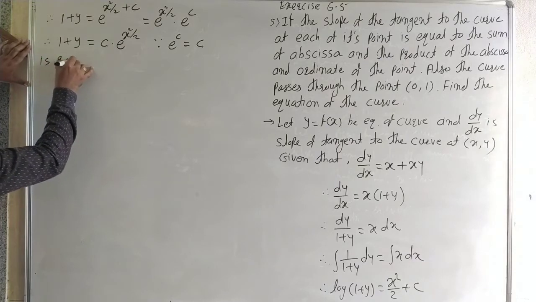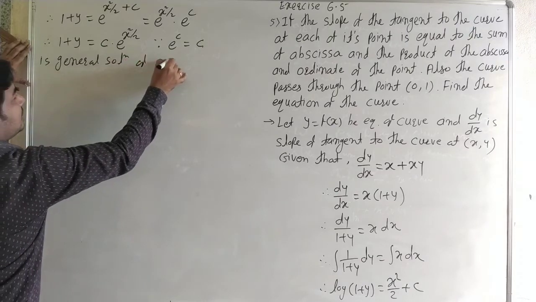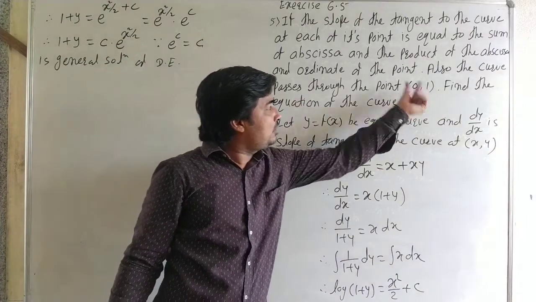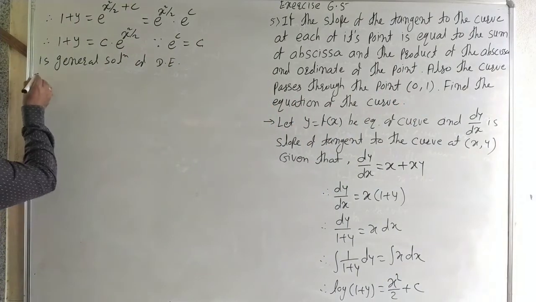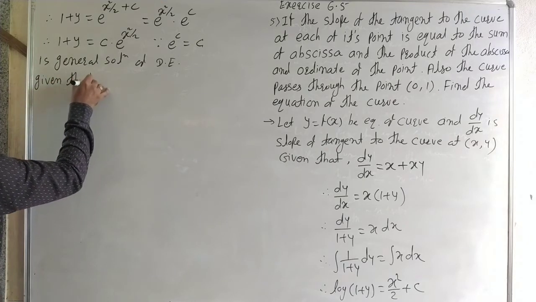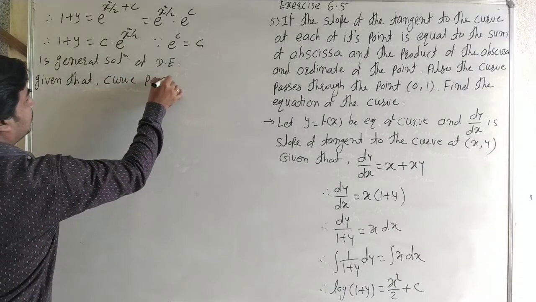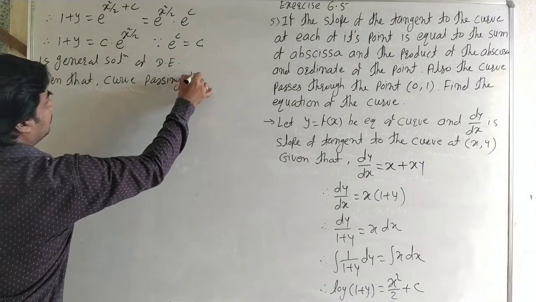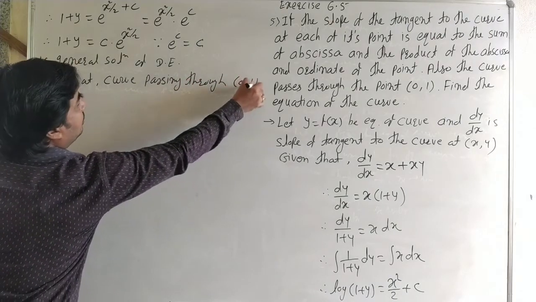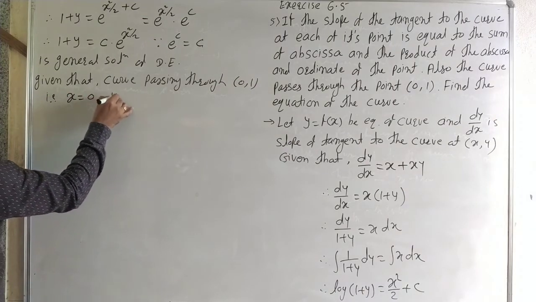This is the general solution of the given differential equation. Now the curve is passing through the point (0, 1), that is x is equal to 0 and y is equal to 1.